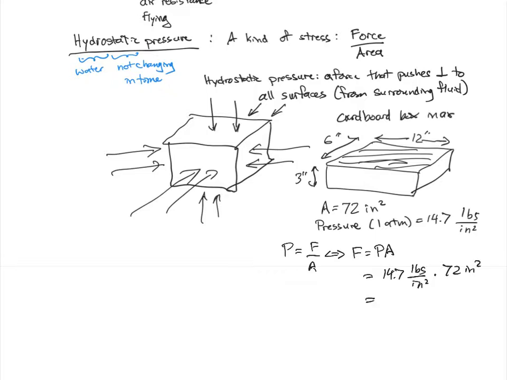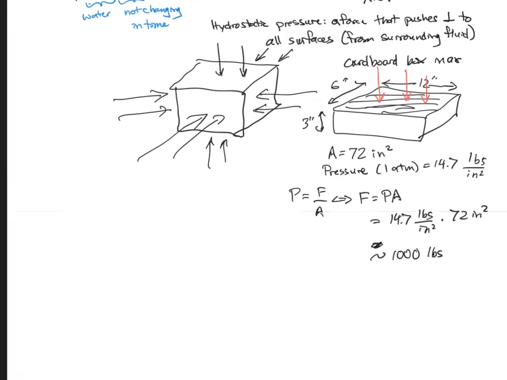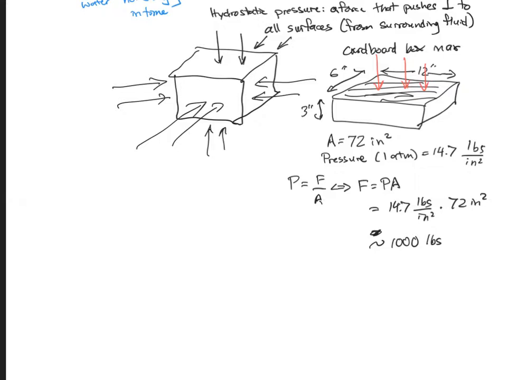If you plug in the numbers, that's going to be around 1,000 pounds of force pressing downward on the top surface of the cardboard box. Now, of course, the cardboard box cannot stand up to a force of 1,000 pounds, so why is it that it doesn't crumple under this force? I'll give you a moment to think about that on your own. So why doesn't it crumple?